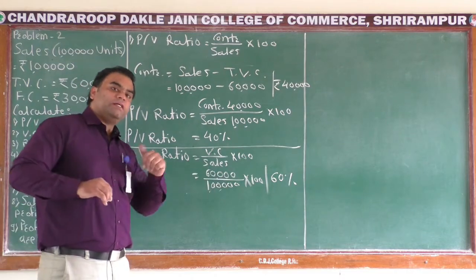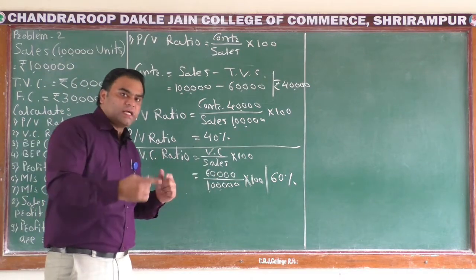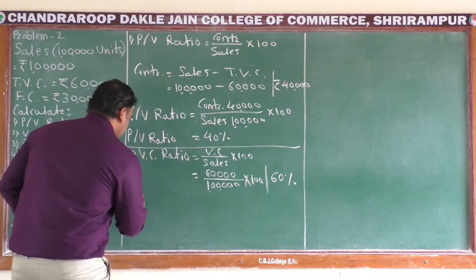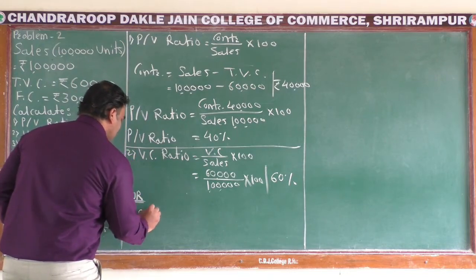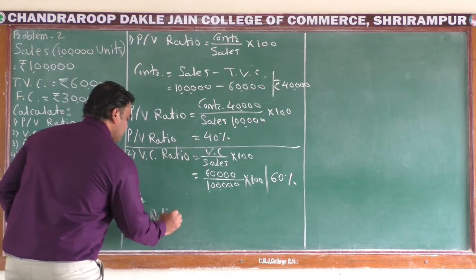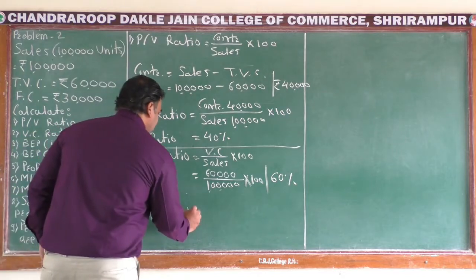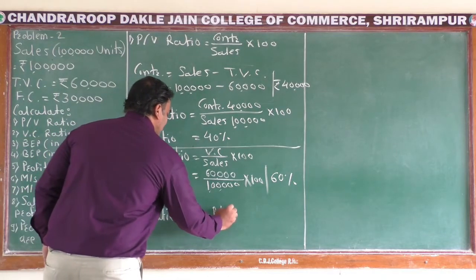We can calculate the same VC ratio by using another formula. VC ratio is equal to 100 less PV ratio.